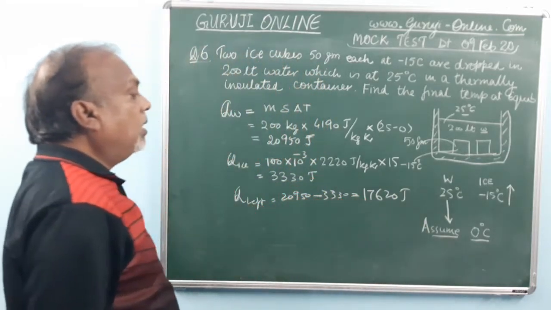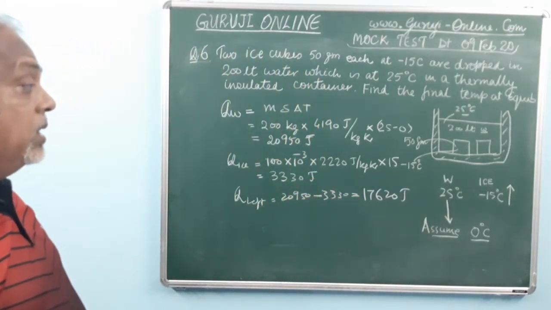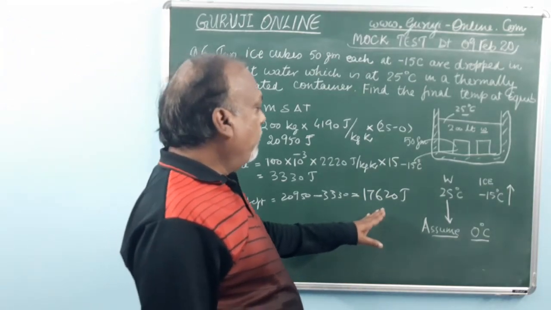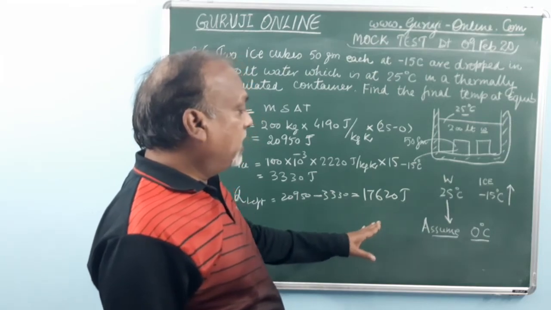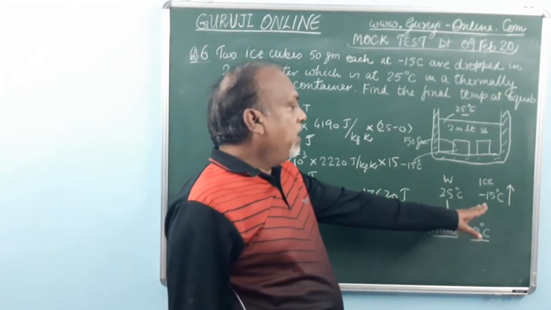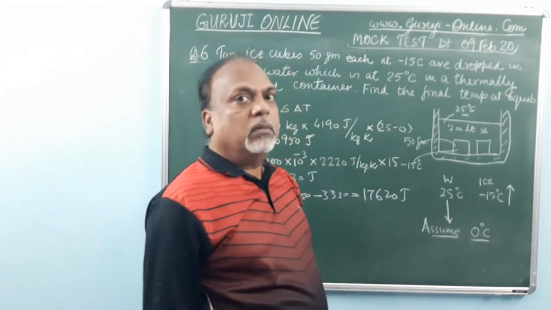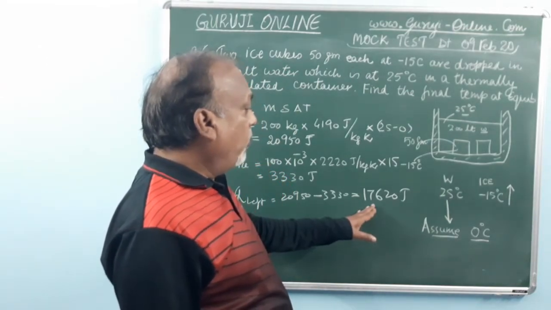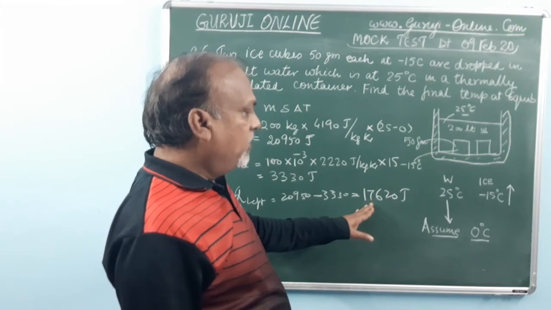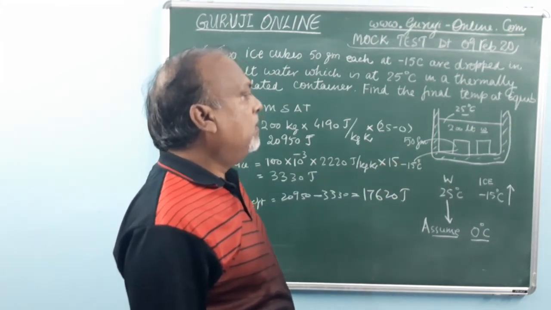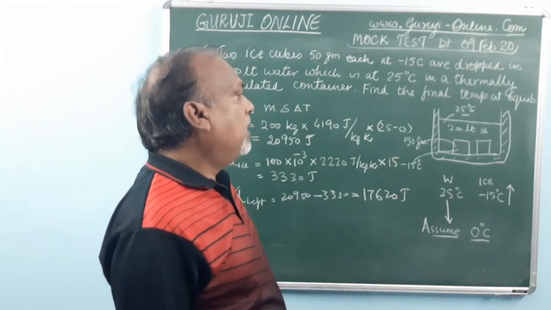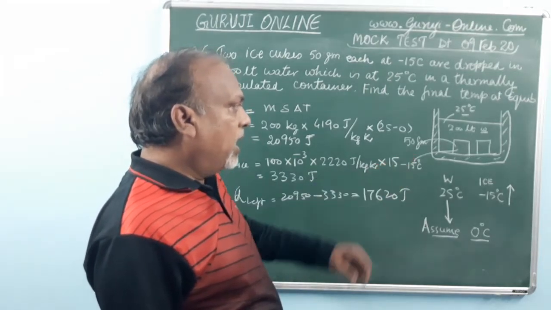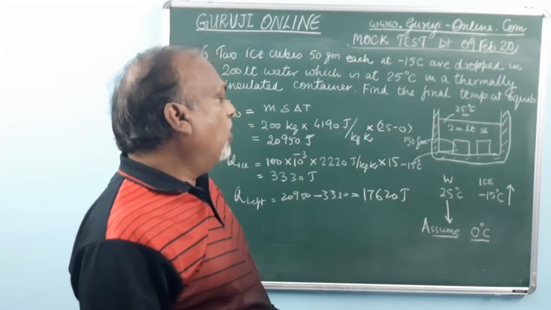Now what will this energy do? This energy will be expended first in melting this ice. But whether this energy is enough to melt the total 100 gram of ice or not, that we don't know.